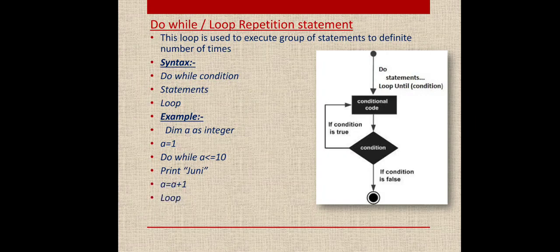Once it reaches 11, the condition will be false and it will get out of the loop, hence the program will get closed. We can say this program will print the message Juni 10 times. So this is the do while loop statement, do while loop repetition statement, or do while loop repetition structure.